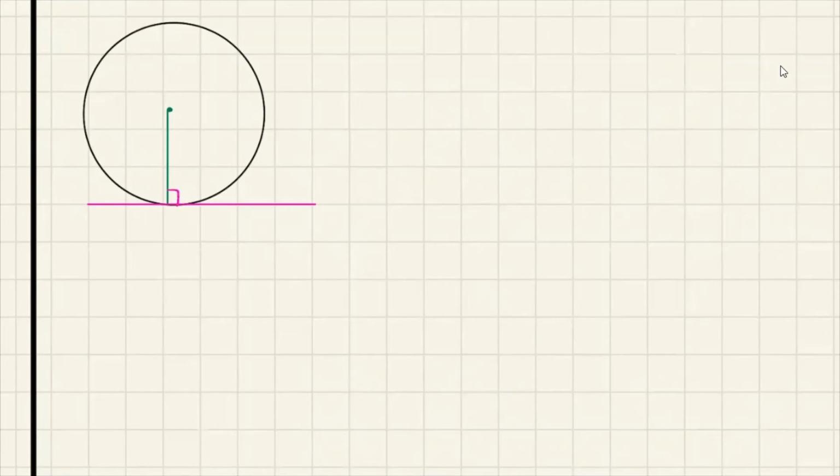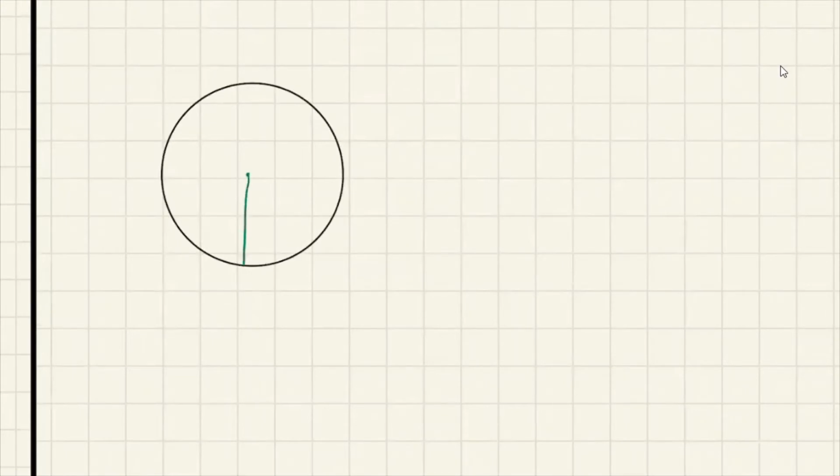From the same property, I can find one more property. If I add these two properties together, for example, this is my circle, this was my radius, and this was my tangent. Let's say I have one more similar property. This is my radius and this is my tangent.